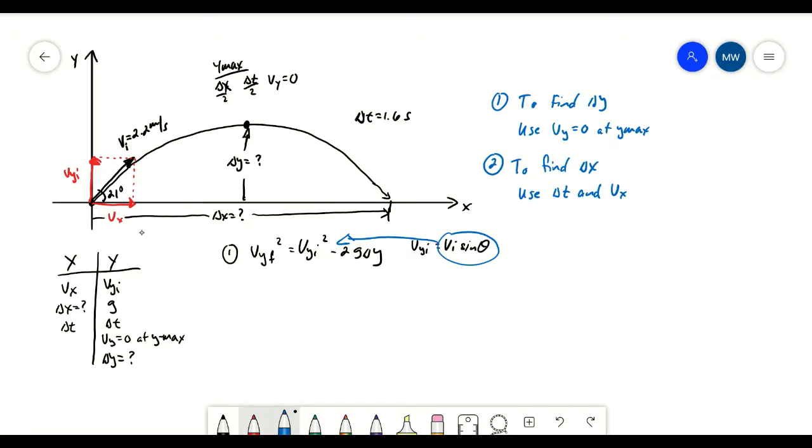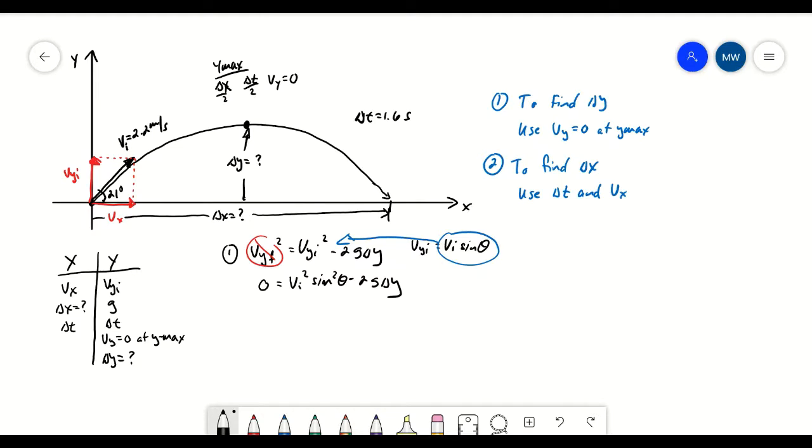The other thing we know is that at Vy final, if we go to y max, the final velocity is 0. This would actually go away. So if we rewrite this, we have 0 for our final velocity at y max. This part becomes, with our substitution, Vi squared sine squared theta minus 2g times delta y.